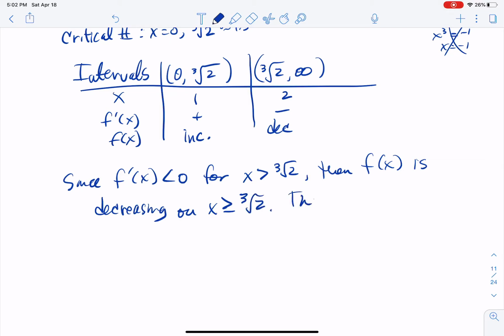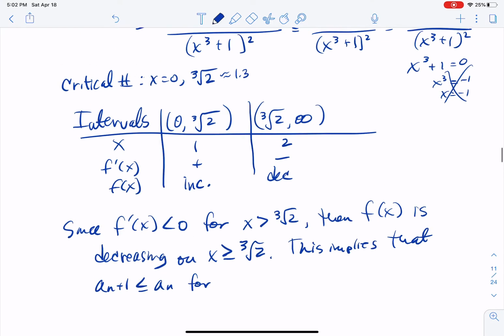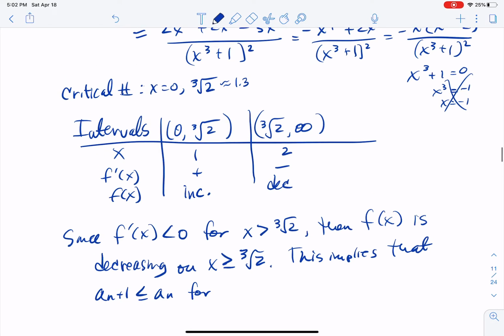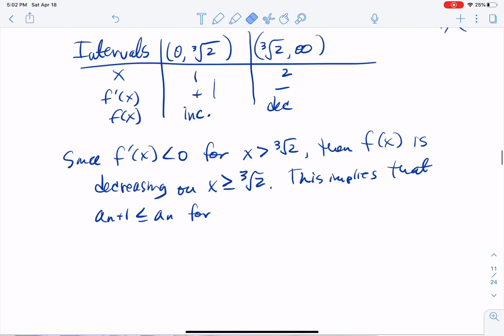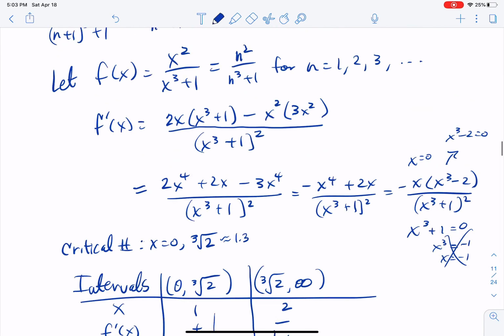And what that means is that a sub n plus 1 is less than or equal to a sub n for everything past the first term, because the first term increases. I don't want that one. So it's for x greater than or equal to 2.